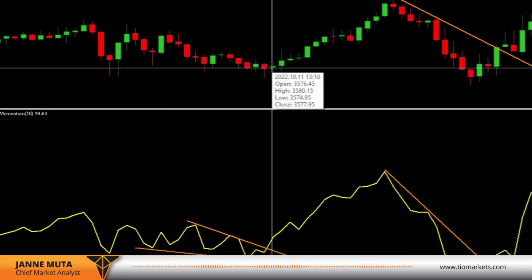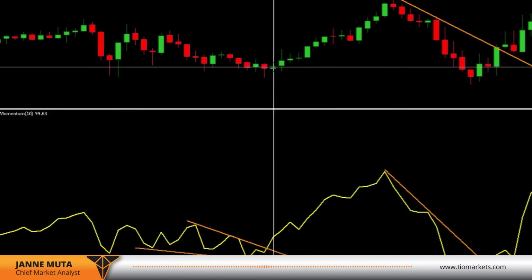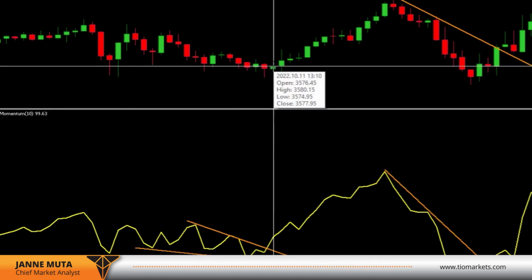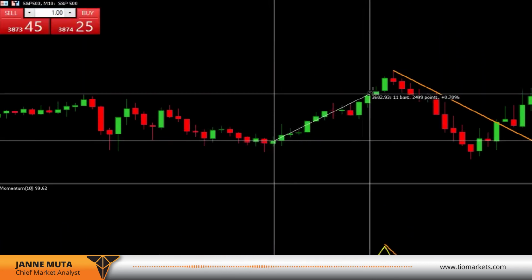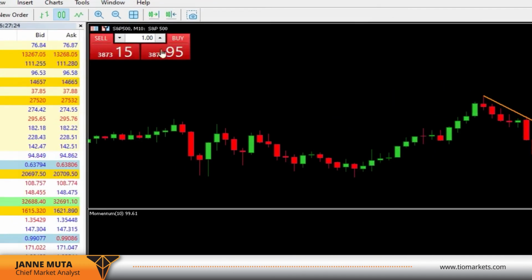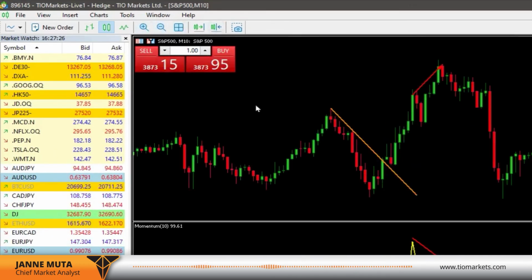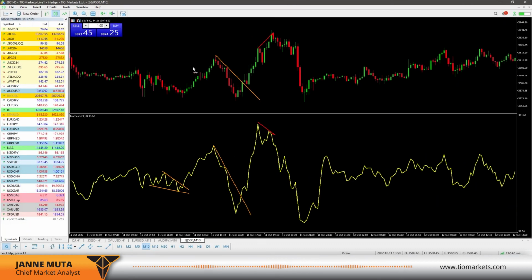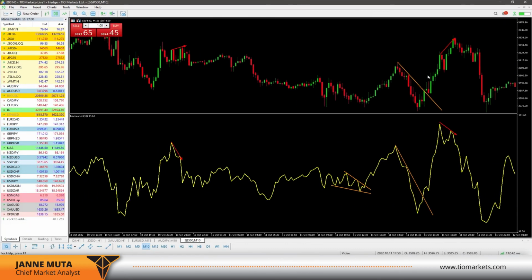No, there wasn't much of a signal in the price chart itself at the time, but the momentum indicator pointed to this opportunity already down here. Then the market moved quite a bit. But the overall context here, if we look at this price action, was kind of a range. The market wasn't trending very clearly in any direction.